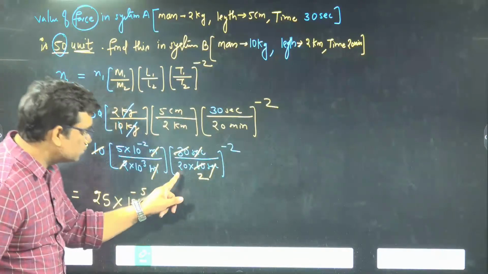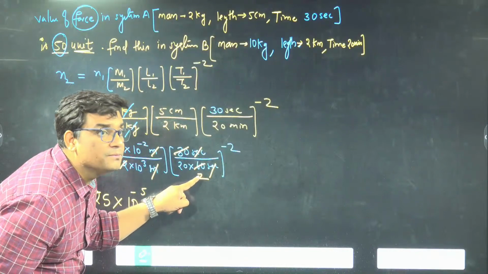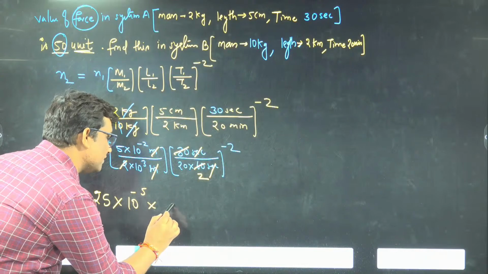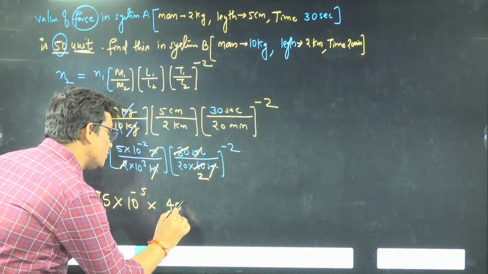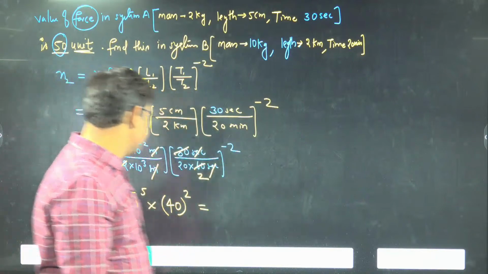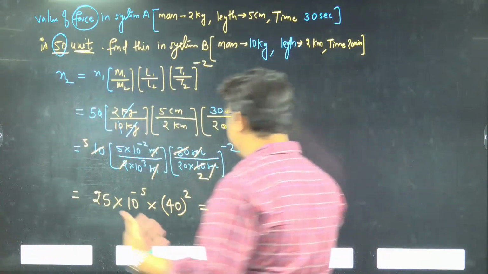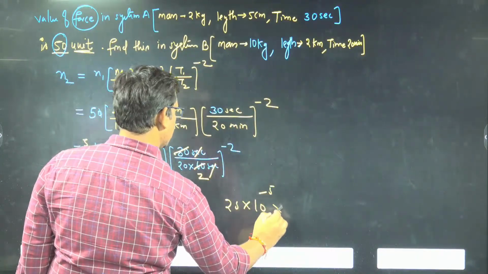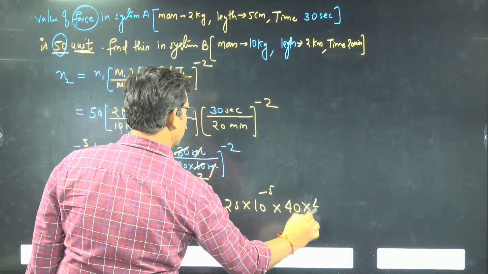And this one, 20 into 2 is how much? 40. 40, na? And 40 square. So we can say 40 square here. Now let's solve this thing. So I can write like this, 25 into 10 power minus 5 into 40 into 40.